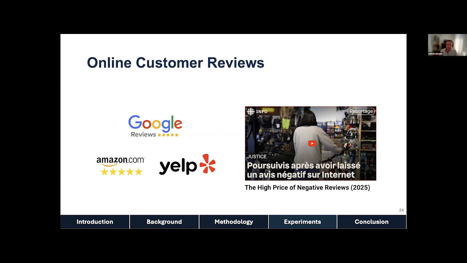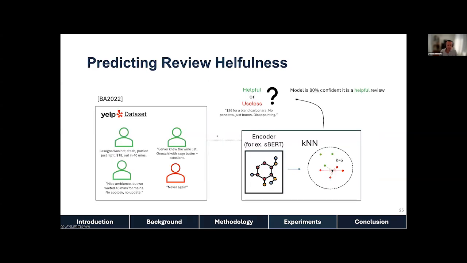And if they judge that a review was very bad for their business, they even sue the customer that made that review because they say that they had financial repercussions because of it. So for me, it made a lot of sense to apply data evaluation to that task of predicting if a review is helpful or not. And so this is what I tried to study.